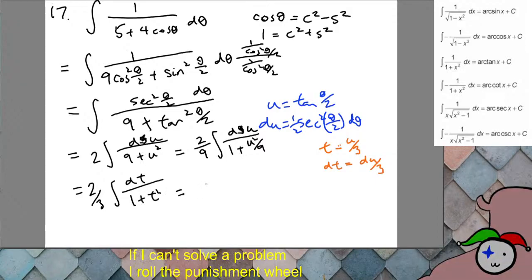Which is arctan t, which is u over 3, which is tan theta over 2 over 3, plus c.